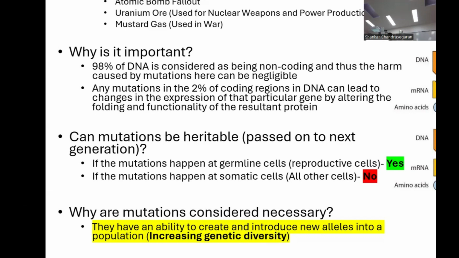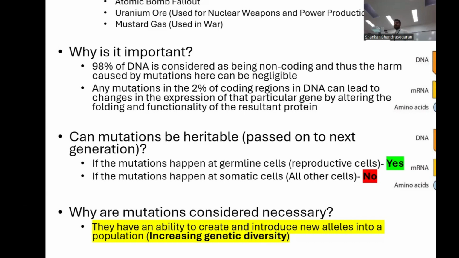So mutations can also act to increase the genetic diversity by changing the alleles and creating new alleles that didn't exist in a population before. Basically, if an entire population is homozygous dominant for a specific locus, sometimes mutations can change that to suddenly introduce homozygous recessive or heterozygous genotypes for that specific trait.